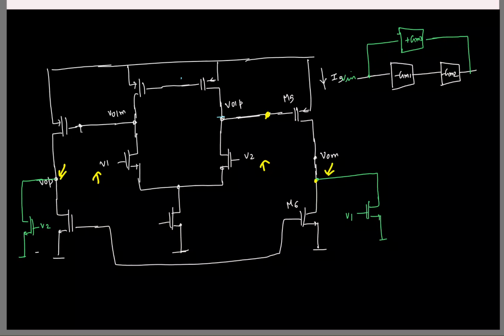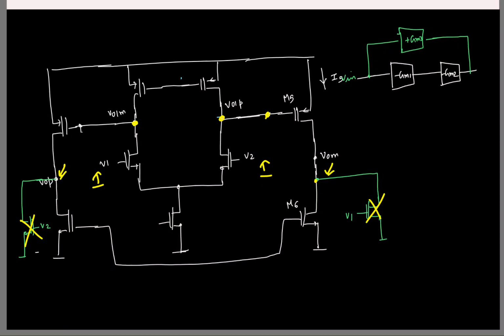Output should be the same. Okay, now let us say when we didn't have this additional feed forward path, if both the inputs change in the same direction, what can we say about these voltages? Will they change or they will not change? If let us say when we didn't have these transistors, right?